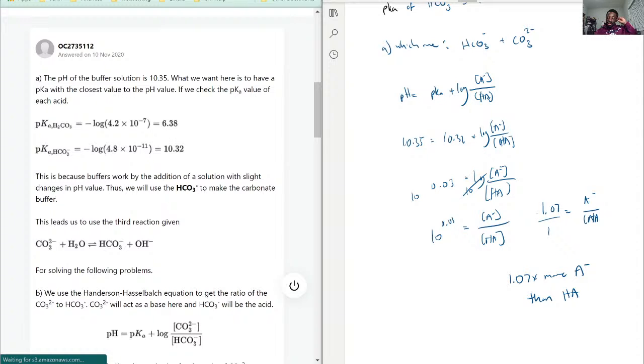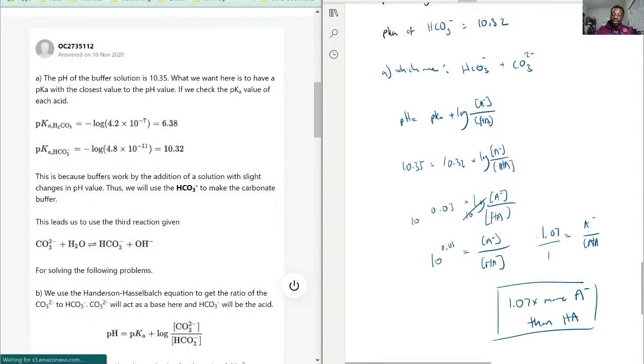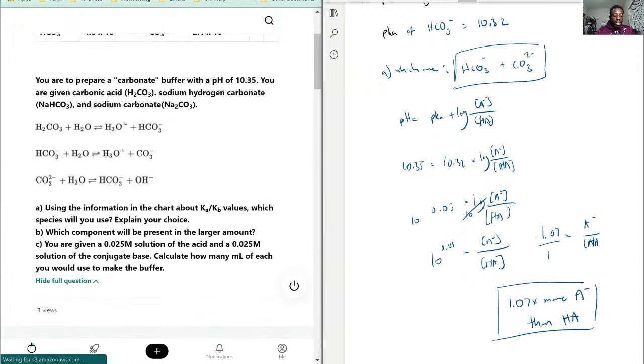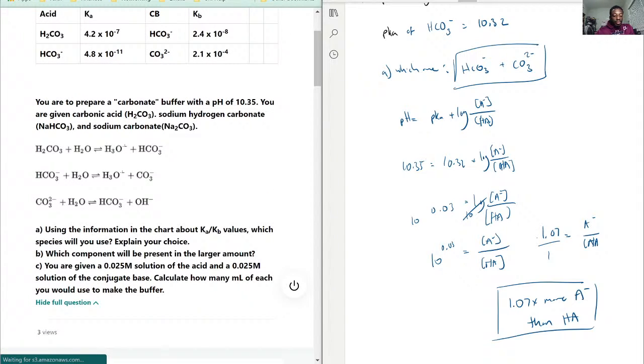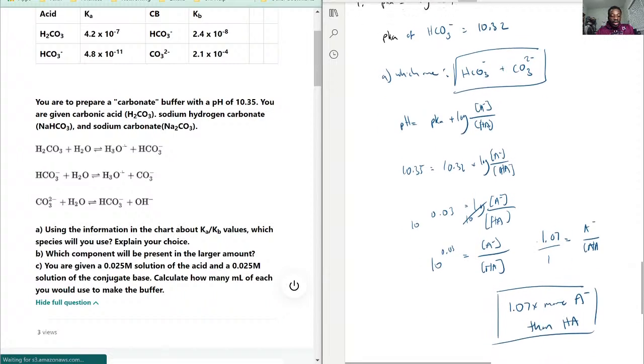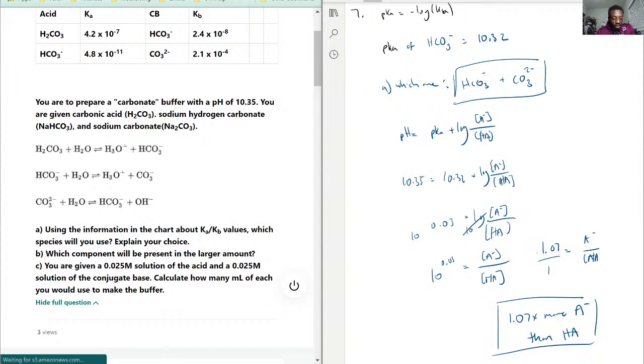All right, so now we want to be able to apply this into the last part. We have this so far. We want to use this, so we've answered 2 of the questions. The last question to ask is, we're given a 0.025 solution of the acid and 0.025 solution of the base.